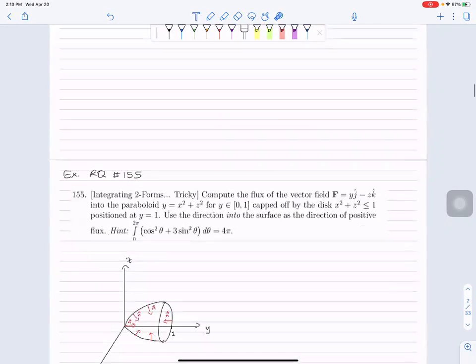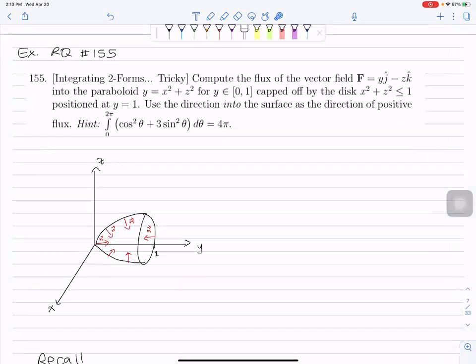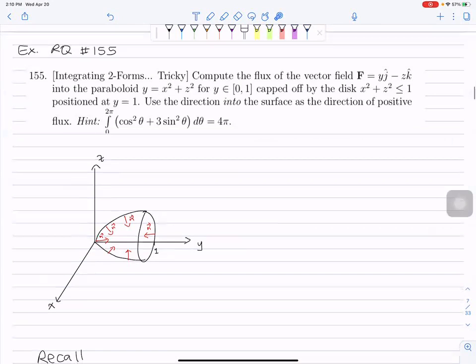What about this next question? So we have a similar shape, but now it tells us that we're using the direction into the surface as the direction of positive flux, meaning that our normals are pointing inwards instead of outwards.